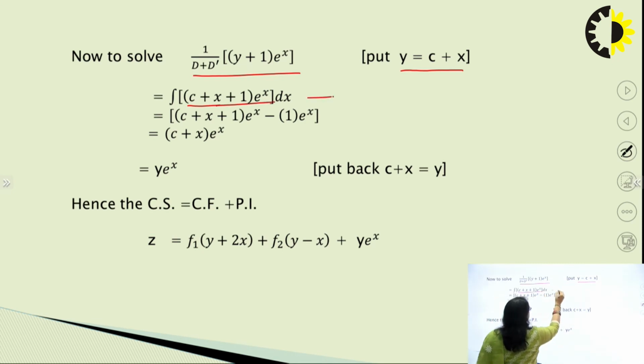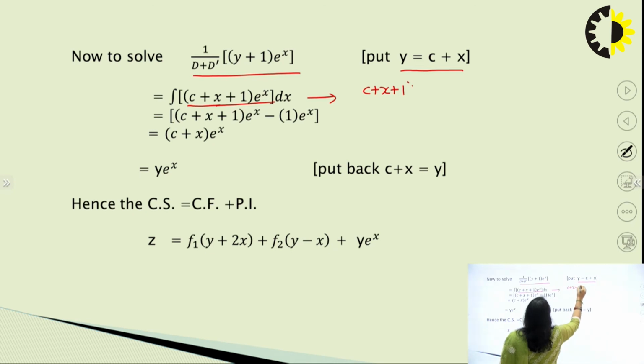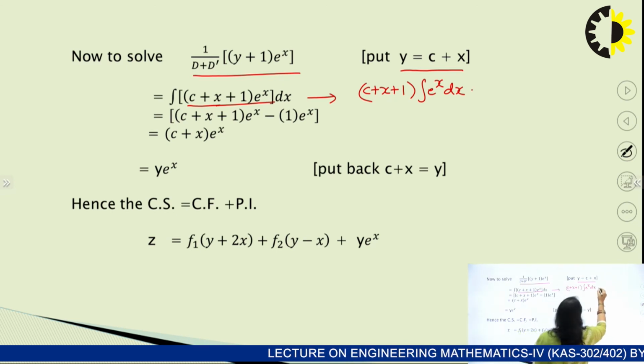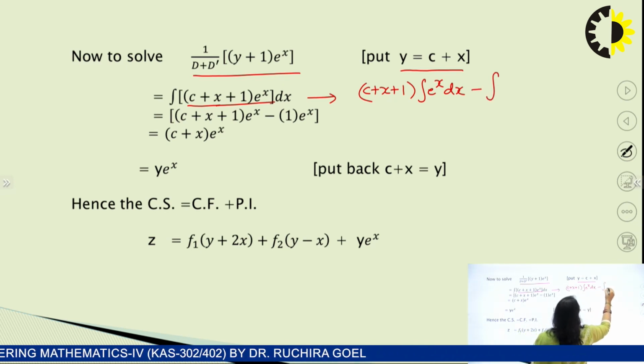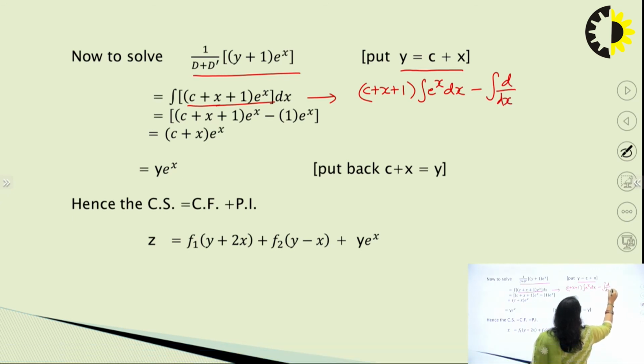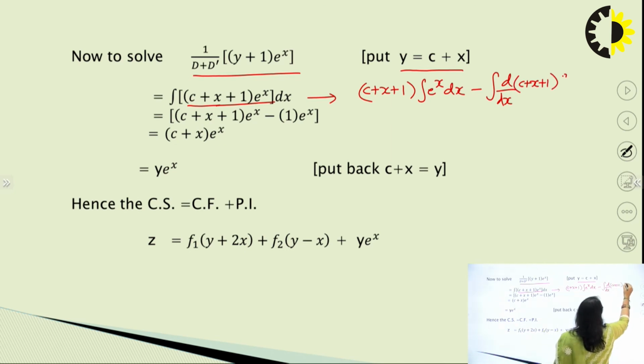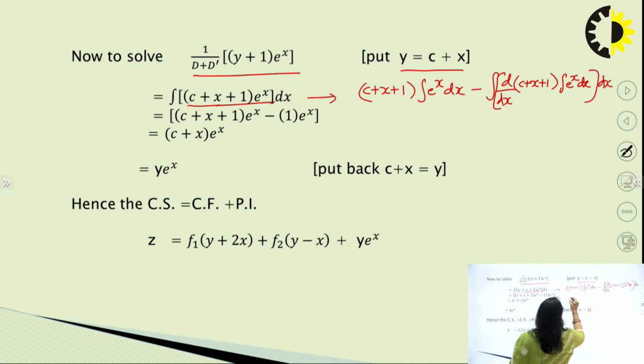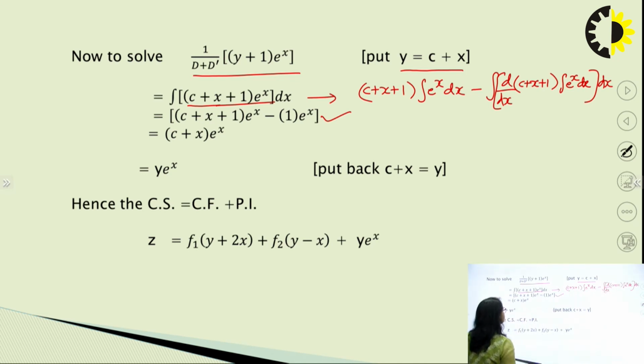So as in the previous case, the integration will be (c + x + 1) integration of e^x dx, minus integration of the derivative of the expression (c + x + 1), then integration of e^x will be e^x, and this entire value will be again integrated with respect to x. So I am having (c + x + 1 - 1) into e^x, which is equal to (c + x) e^x.